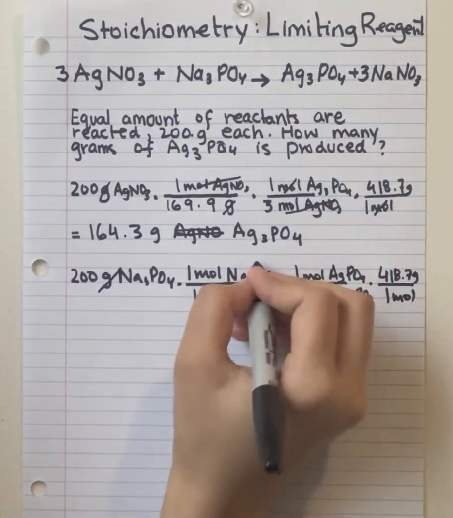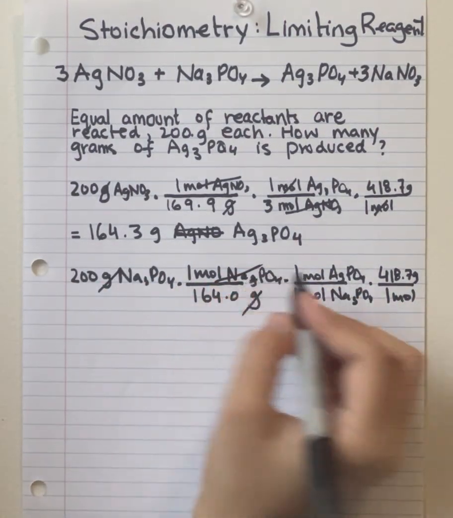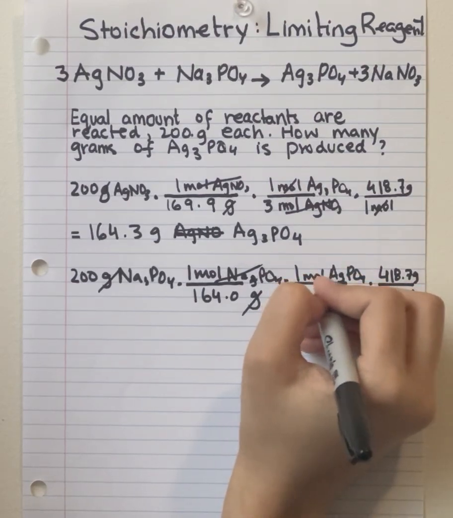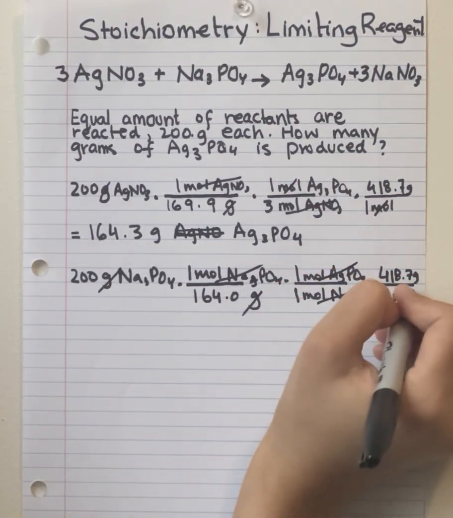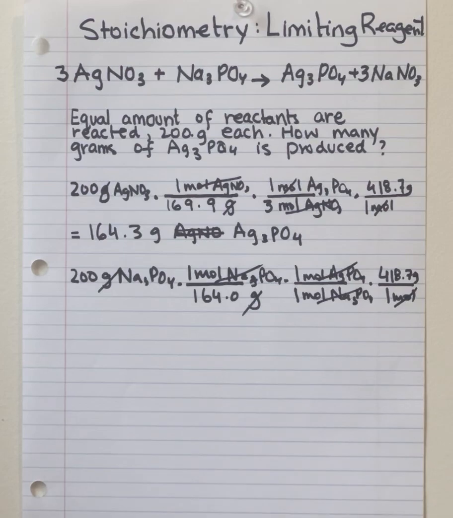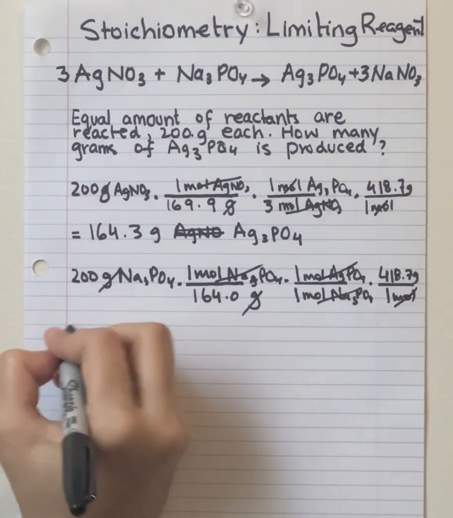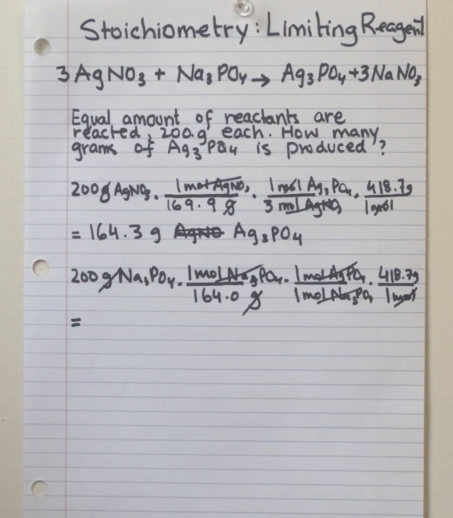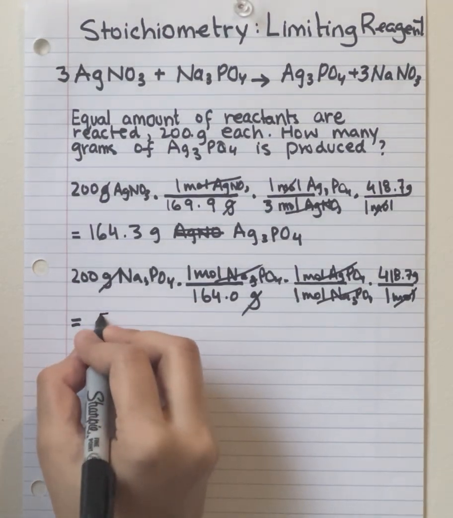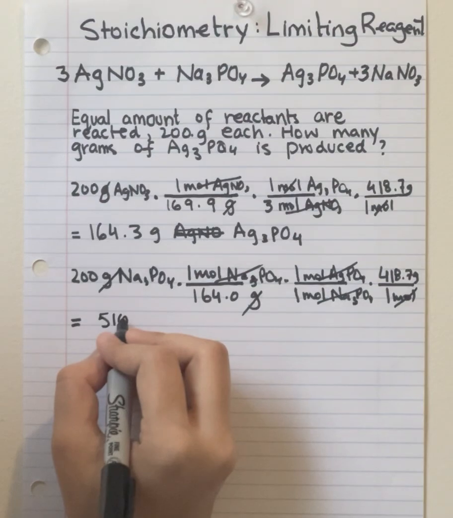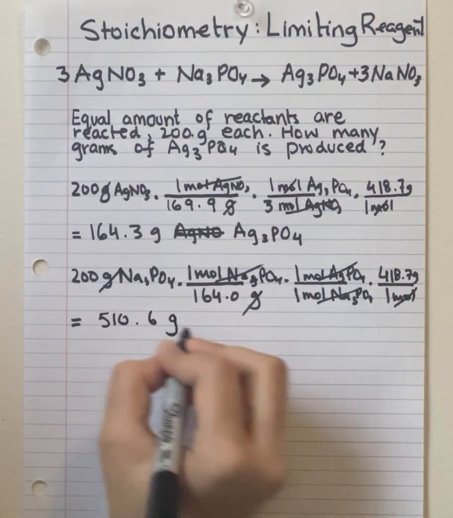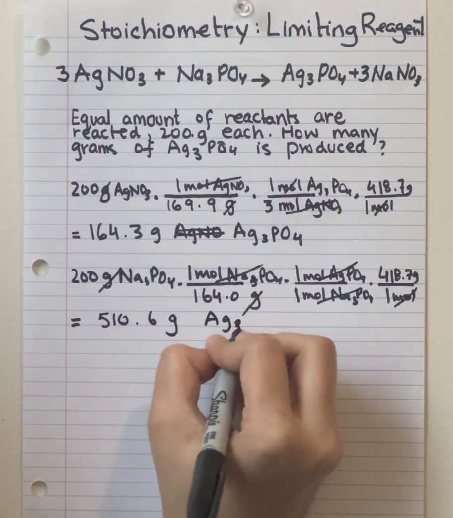Grams get canceled, moles of sodium phosphate get canceled, moles of silver phosphate get canceled. Now we're left with grams of silver phosphate. Plug it into our calculator, and we get 510.6 grams.